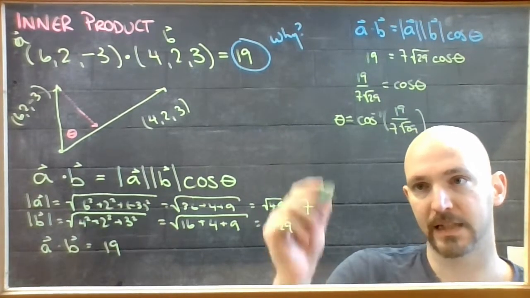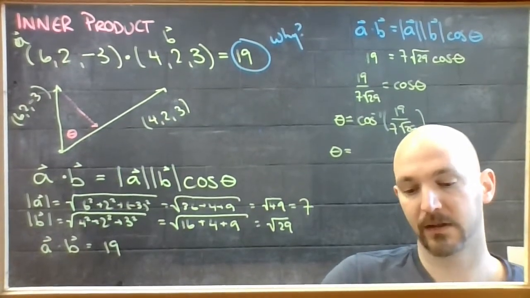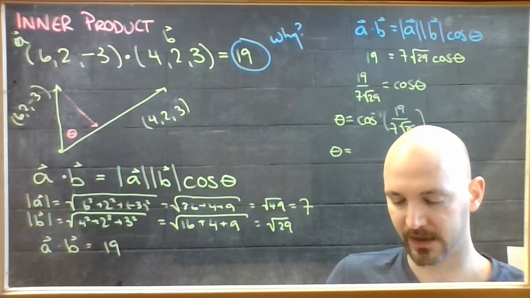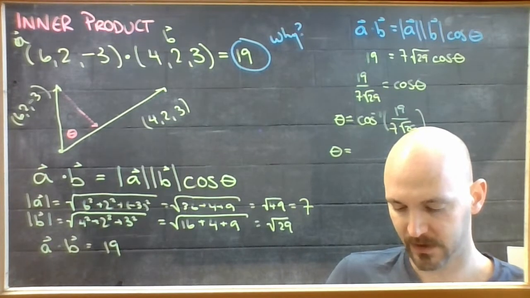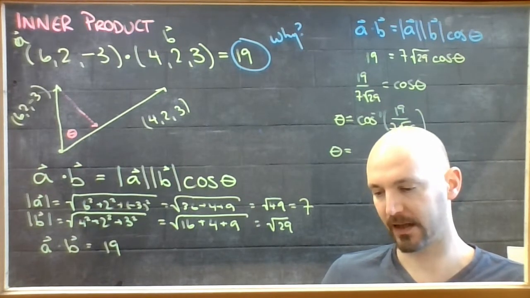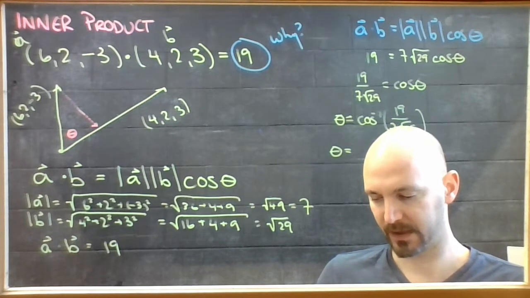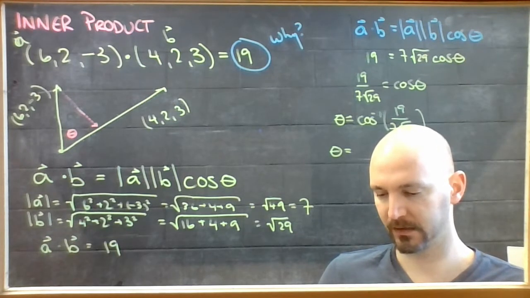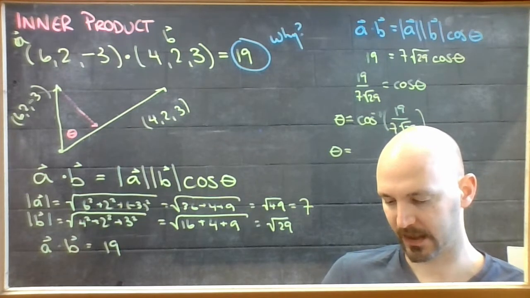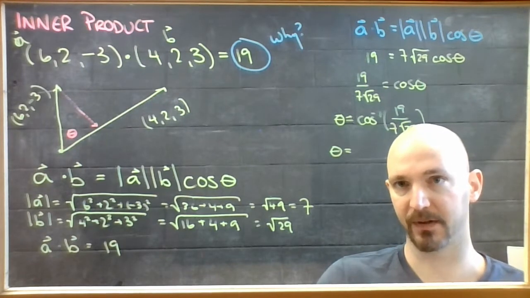If I want to get the answer in a decimal, I'm going to do it in degrees first, just because degrees are a little less confusing for most people. How do I do that? So 19 divided by 7 is 2.7, divided by the square root of 29 is 0.504. So if I arc cos that, arc cos of my answer, I get 59.73 degrees.